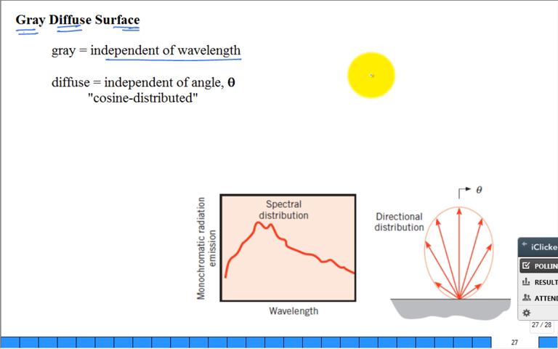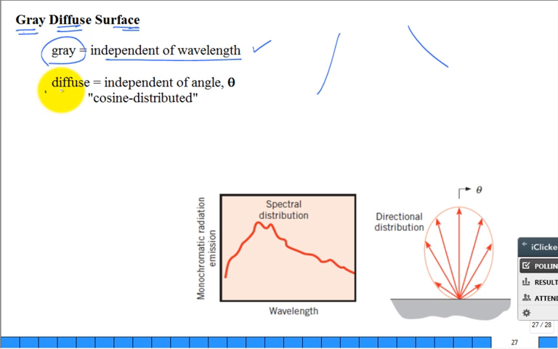But often if we have an enclosure where we have surfaces, let's say in this room, where something's warm over here and cooler over there, it's not that much of a difference in the wavelengths. So we're just going to ignore that and have a constant emissivity for the whole wavelength and a constant absorptivity. The properties are independent of the wavelength. So when you see gray, that's what they mean.